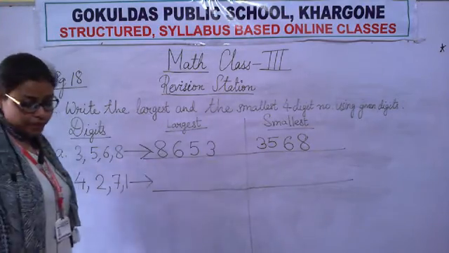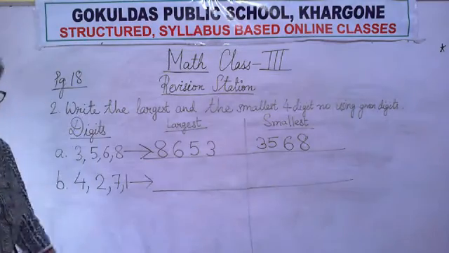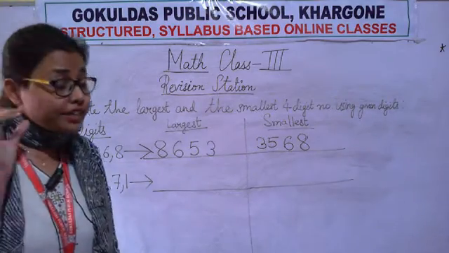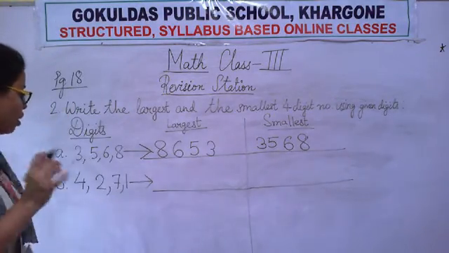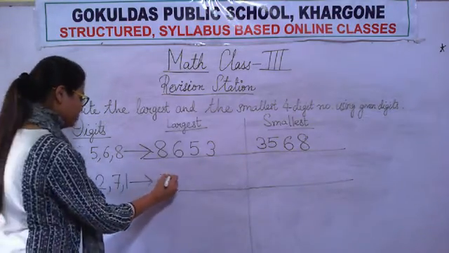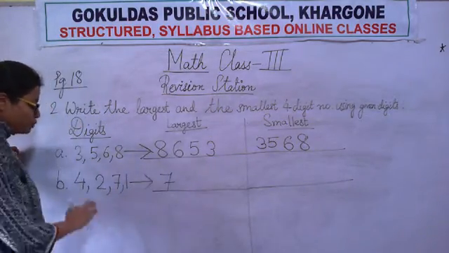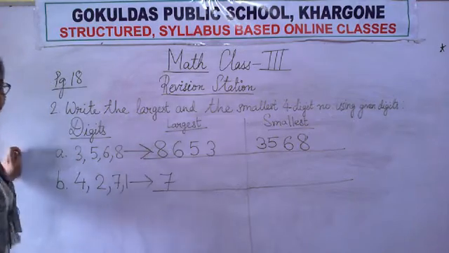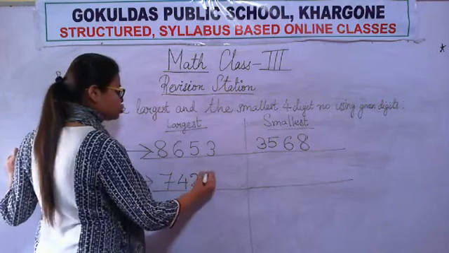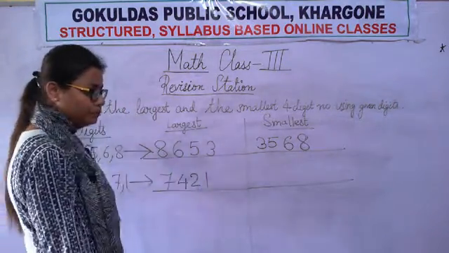We have to form the largest number. To make the largest number, we have to arrange the digits in descending order. So, what is the biggest digit from here? 7 is the biggest digit. After 7, what comes? 4, 2, 1 is remaining with you. Obviously 4, then comes 2, then 1.